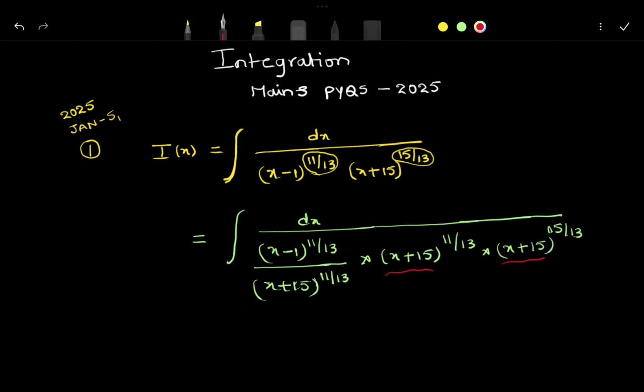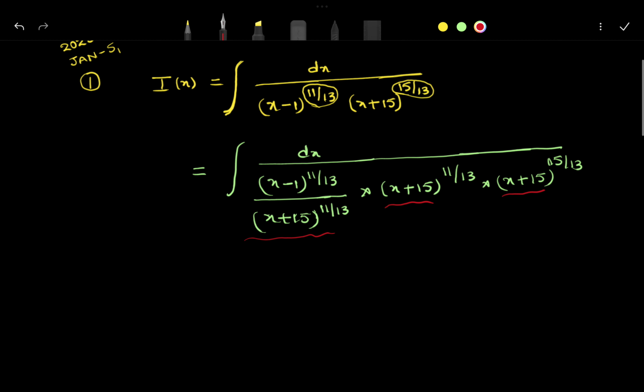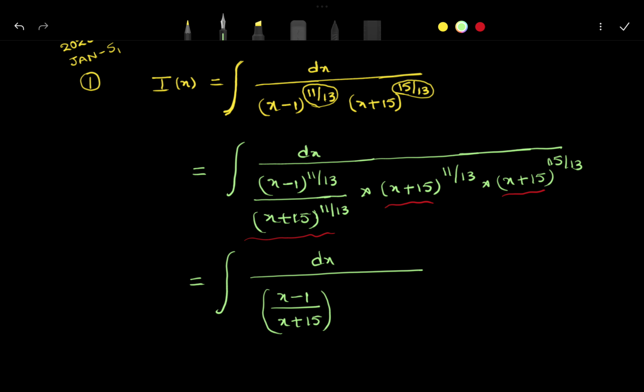Now this first term can be written as the integration of dx divided by ((x minus 1) divided by (x plus 15)) to the power of 11 by 13 into (x plus 15) whole square.